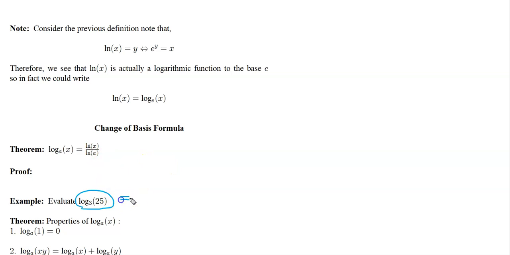So this quantity here will equal ln 25 divided by ln 3, and now we can evaluate each of these on our calculator and divide them, and we get approximately 2 point, and there we go. Let's take a look at one that we looked at earlier and verify that we'll get the same result if we do it this way. Recall that we had log base 3 of 1 over 27.